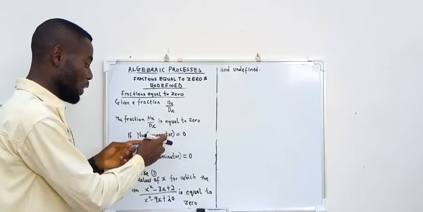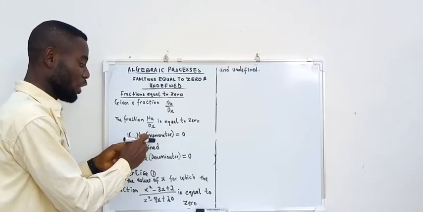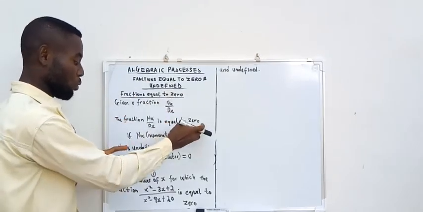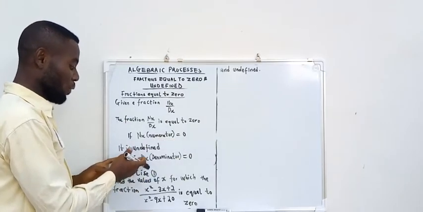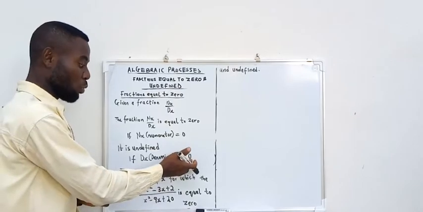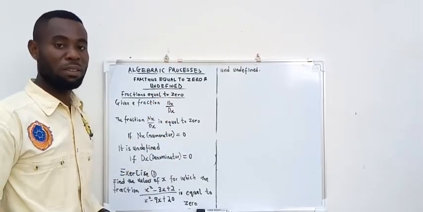That is, if the algebraic numerator, which is N expressed in x, is equal to 0, we say that the whole fraction is equal to 0. But for undefined, when the algebraic denominator is equal to 0, we say that the fraction is undefined.